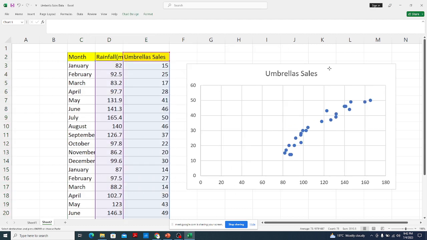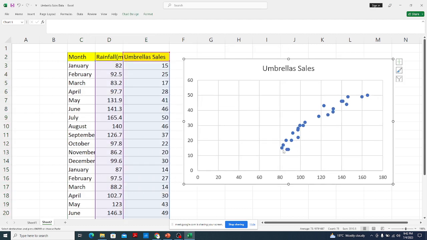With our scatter plot, you can see how our data points are distributed. Then we might decide to add a linear line, the line of best fit. Let me just add that.